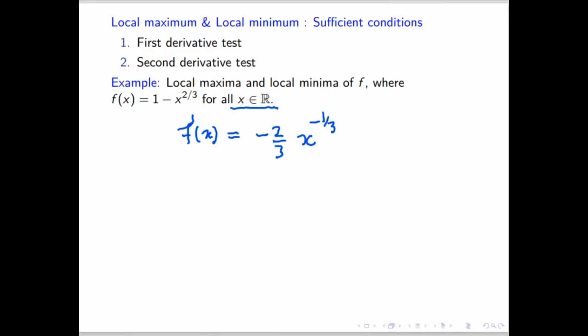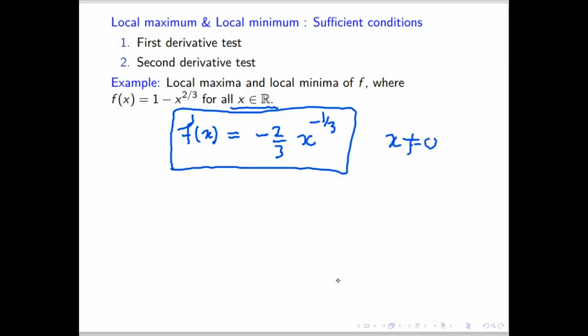The problem is that whatever I wrote here, I differentiated, but this function is not differentiable at 0 at all. So the derivative I wrote is not valid for x equal to 0. That means for x not equal to 0, this is the derivative, because the derivative is not defined at 0.